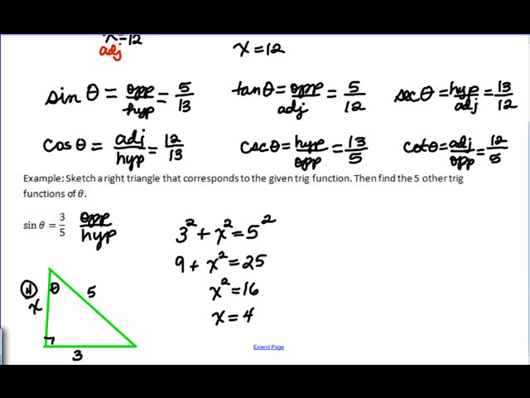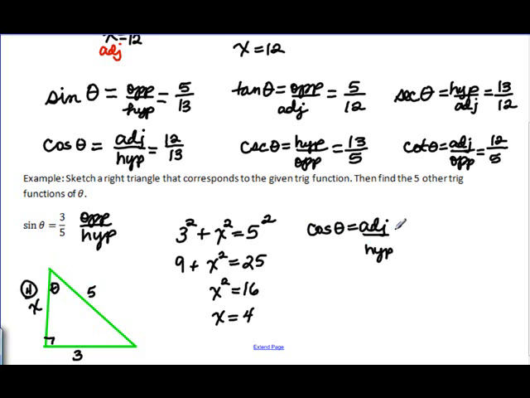So now we need to find the remaining 5 functions. If we know sine, now we can find cosine of theta. So cosine of theta is adjacent over hypotenuse. And just be careful where we're looking. Here is my angle theta, so the side adjacent to it is here, which is 4.